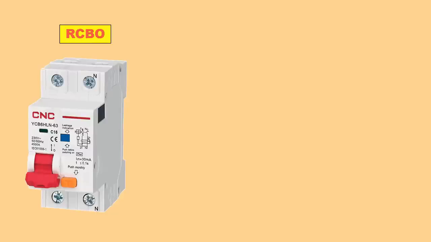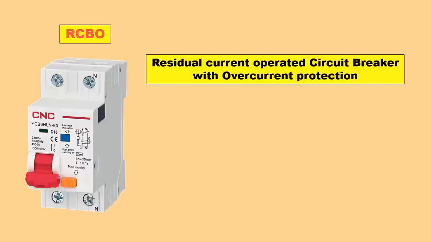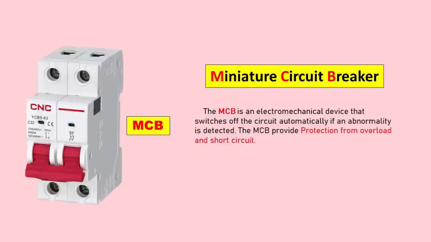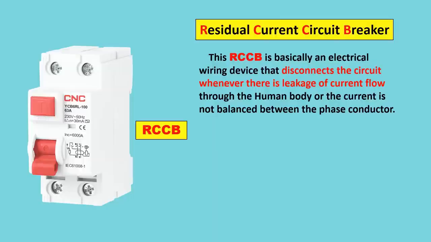Now here we have a RCBO. Full form of RCBO is Residual Current Circuit Breaker with Overload Protection. By listening to its name, you must have got an idea what is the working of RCBO. But I will explain you everything. Like I told you in the starting, the MCB provides us protection from overload and short circuit. After this I told you that RCCB provides protection from earth fault.